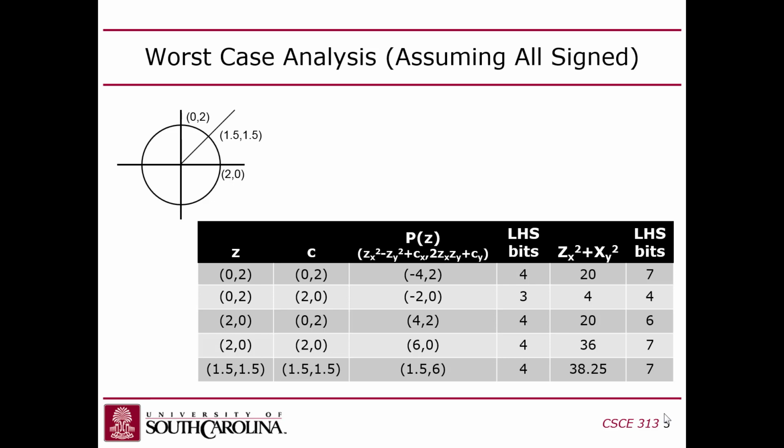Obviously, when you do x squared plus y squared, that's always going to be a positive number, so that could be unsigned. But to simplify things, let's just assume everything's signed, because z can be negative, and x and y can be negative, and x0, y0 can be negative. A lot of these things can be negative, so we'll treat everything as signed, okay? Okay, so here's the problem.